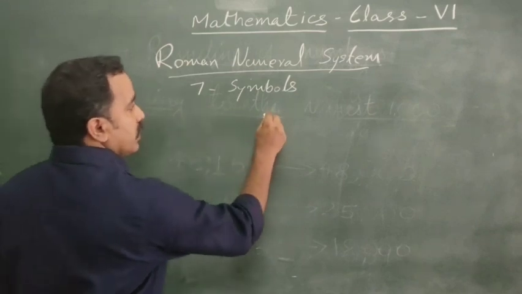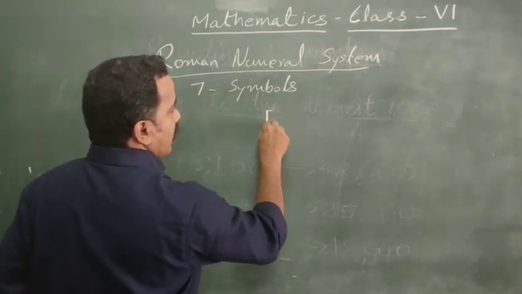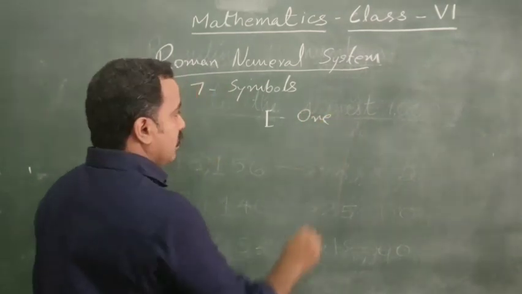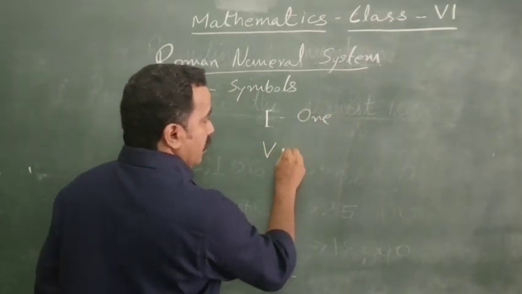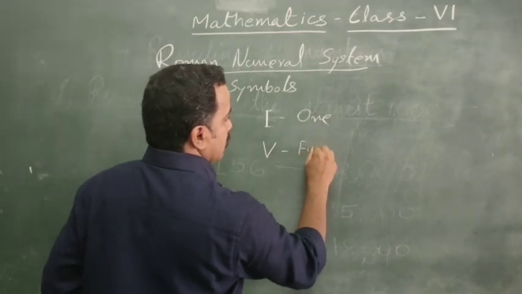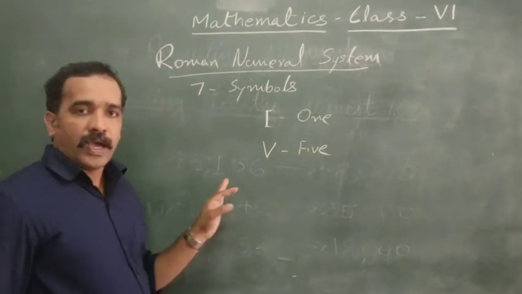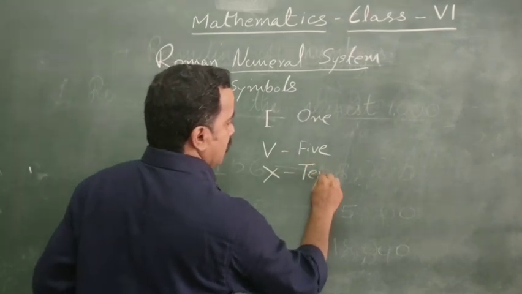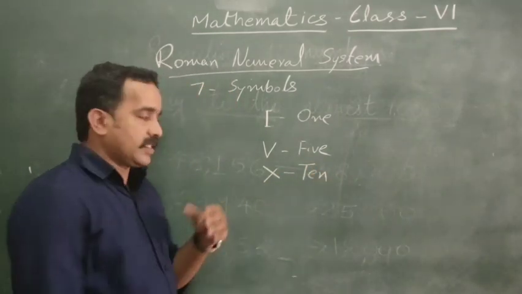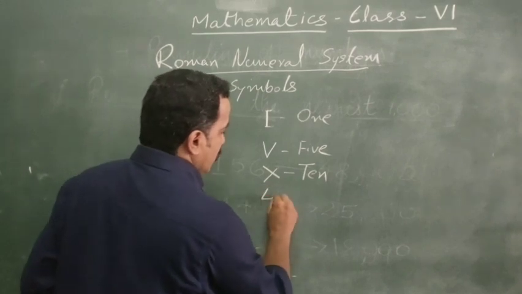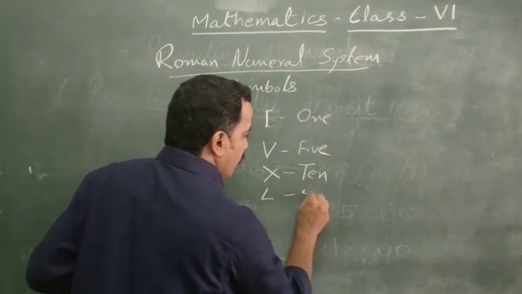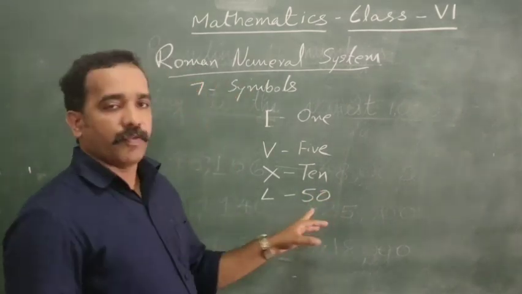We use I for 1, then V represents 5, and X represents 10. After X, the next symbol is L for 50.